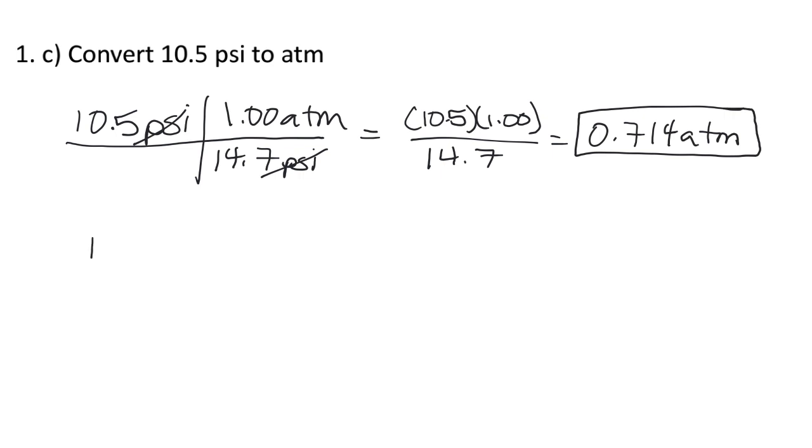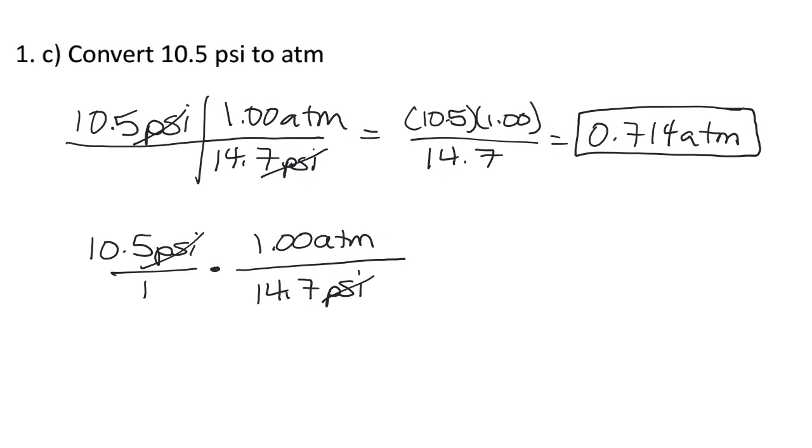Now, if we do it the other way, 10.5 PSI divided by 1, the 14.7 PSI goes on bottom because we're trying to get the PSIs to cancel. Again, 0.714 ATM.